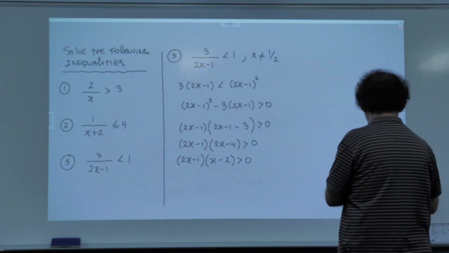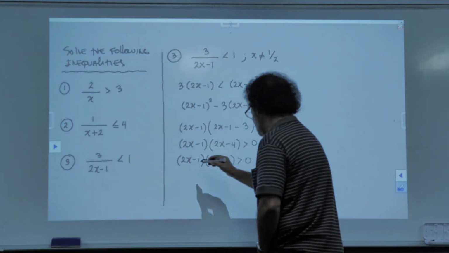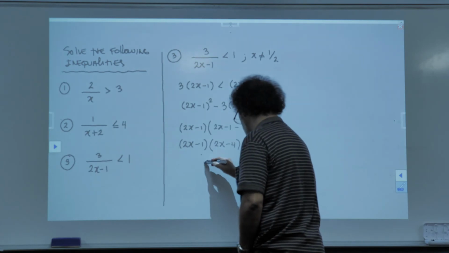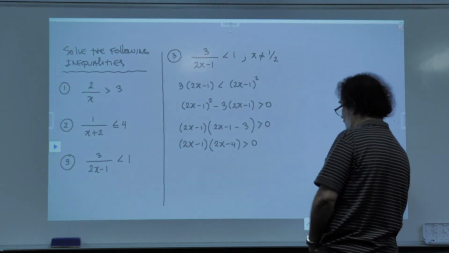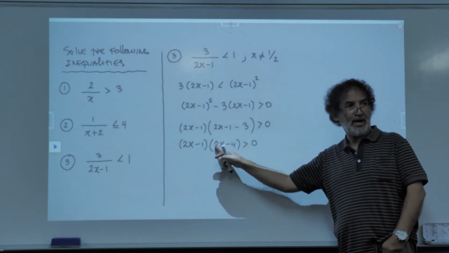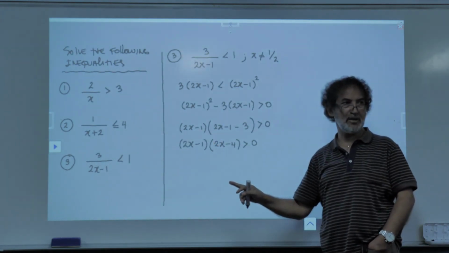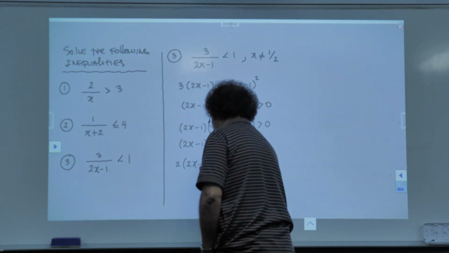I think I'm going to do something that will help you to understand that step. I'm going to delete this line. Okay, can you see that in here we have a common factor, 2? So I'm going to put that 2 at the very beginning. So I'm going to put 2, and then 2x minus 1.